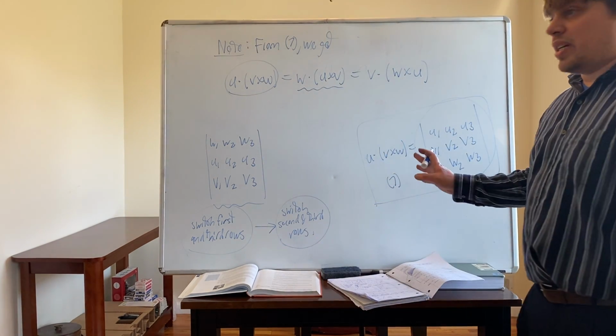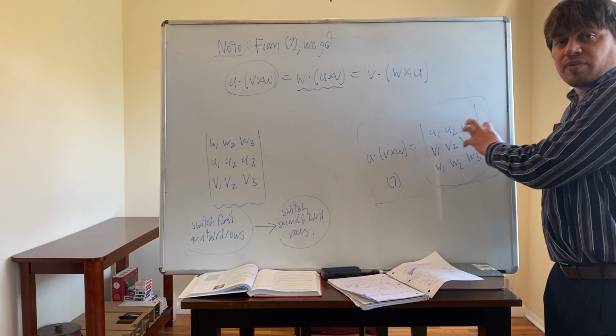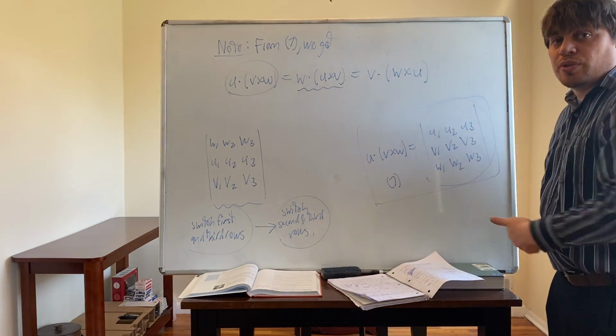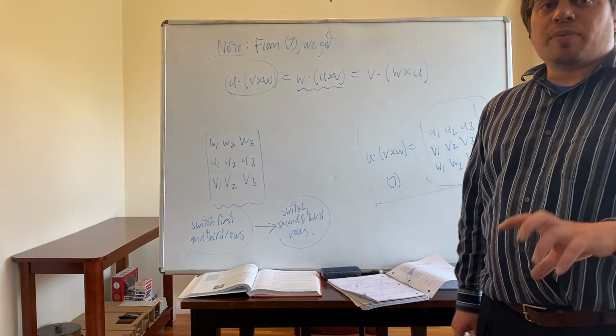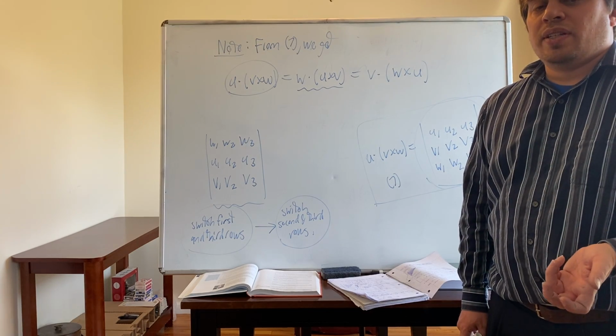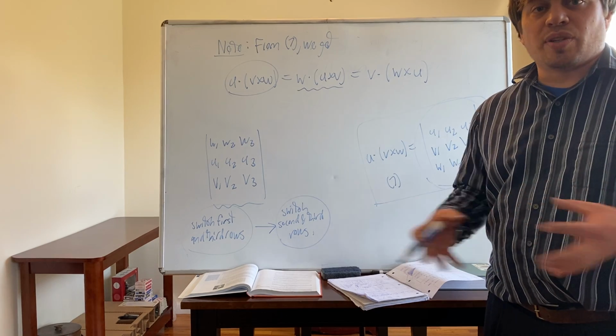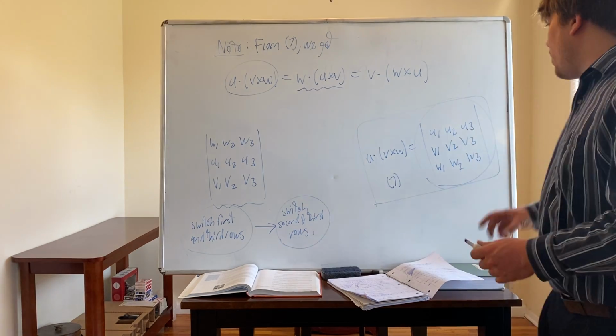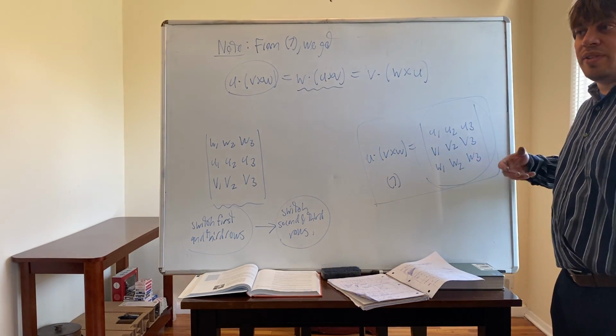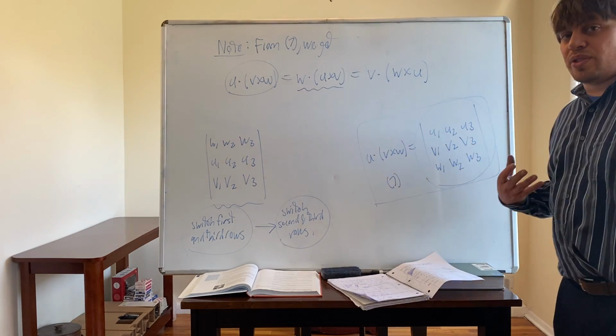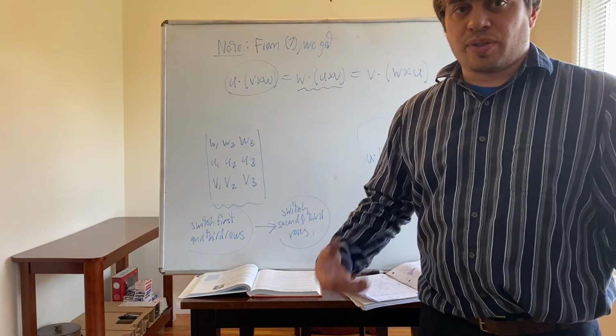And by earlier lessons, we learned that if you switch two rows of a matrix, the determinants of the new and old matrix are negatives of each other. And so by switching two rows of a matrix, you get the negative of the original determinant.